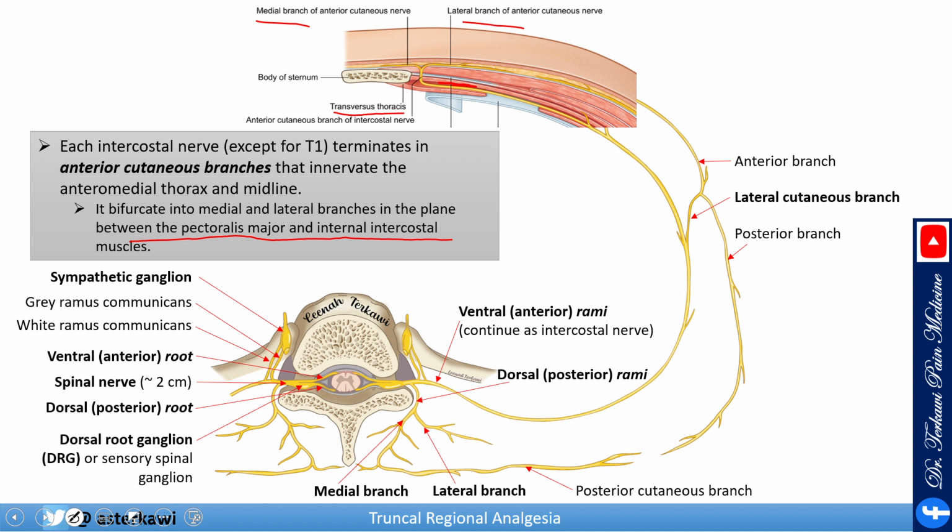It goes above the pectoralis major, it branches to lateral and medial. So as long as you are under the pectoralis major, then you should get the anterior cutaneous branch. And in the parasternal block lecture, I will revisit this concept.